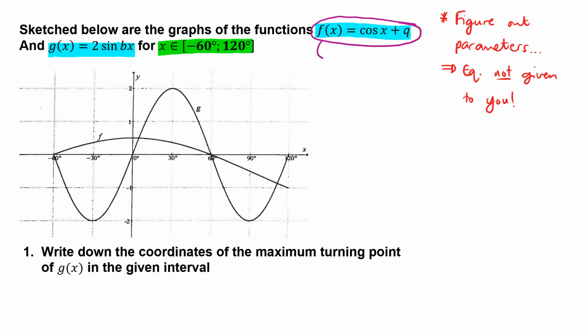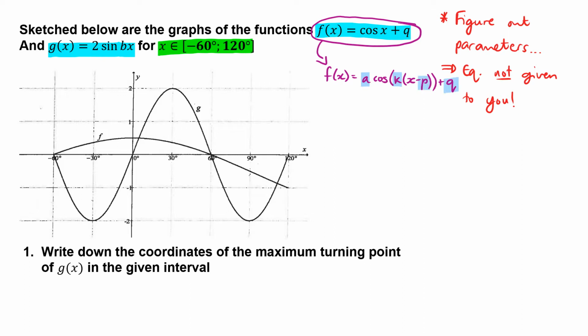We know that in a standard form of a cos function, it should be f of x is a cos k x minus p plus q. You should know exactly what the a value means, the k, the p, and the q.